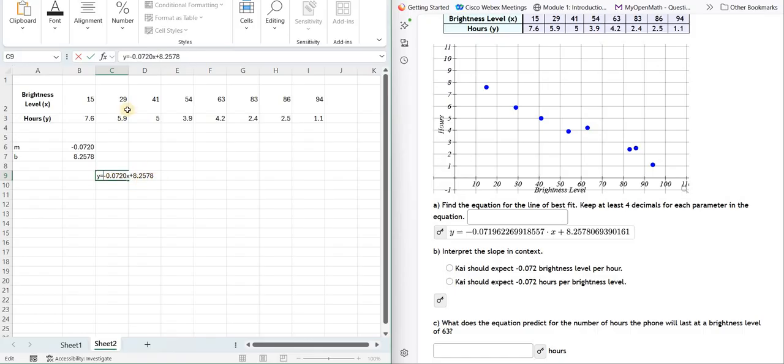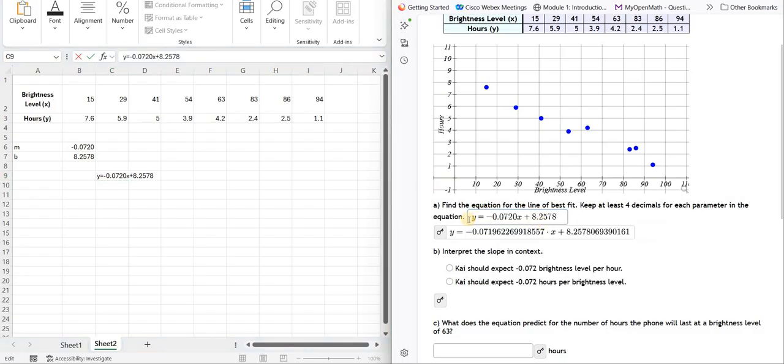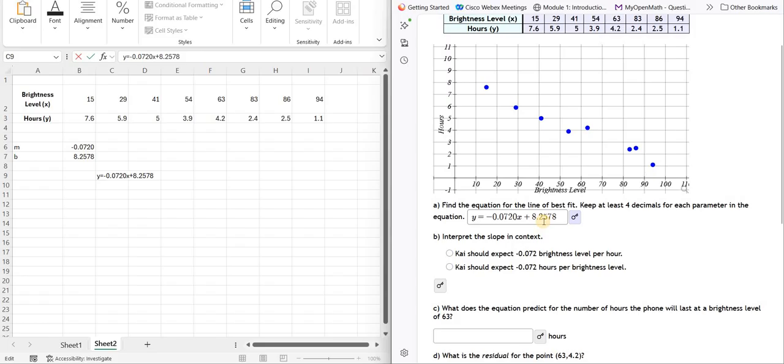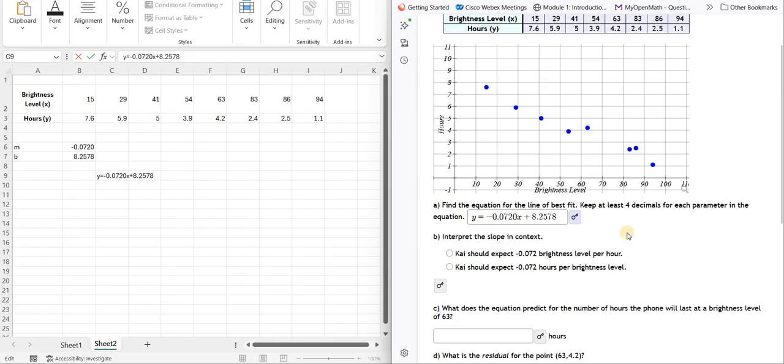So the whole thing. I'm just going to take this one and I will paste it right here, and that would be basically the answer. And comparing that to the answer I have here, it checks out just fine. If you round to 4 decimals, it is going to be almost the same.